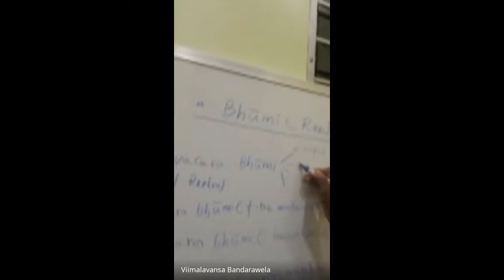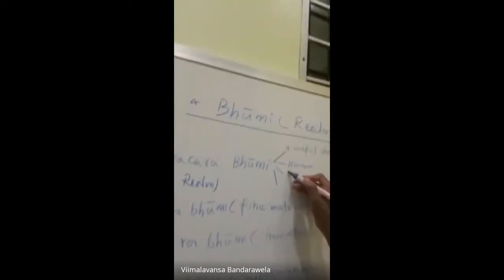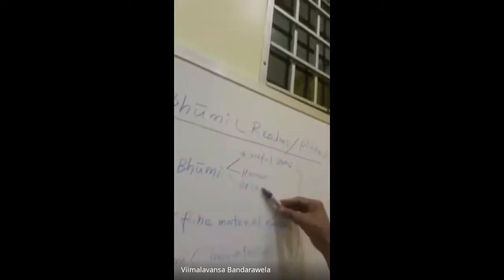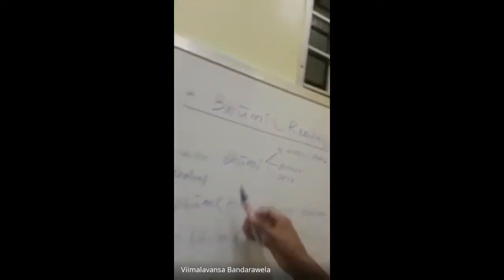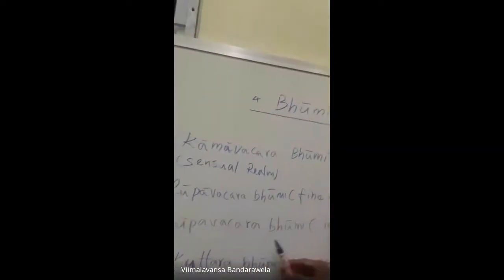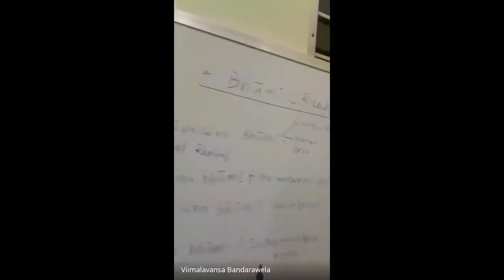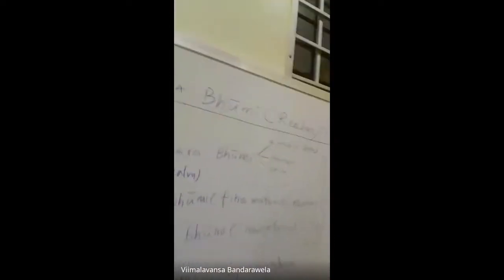And the human world and the deva world: four woeful states, human world and deva world, right? Then the rupavachara bhumi means fine material world, arupavachara bhumi means immaterial worlds, and the lokuttara bhumi means supramundane realms. Those are what we discussed last day.